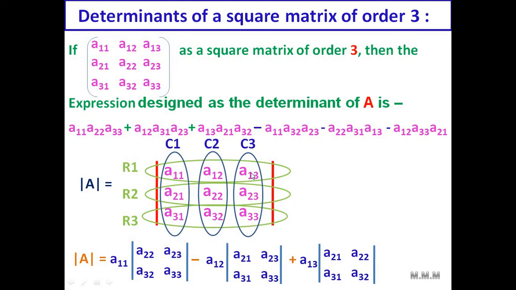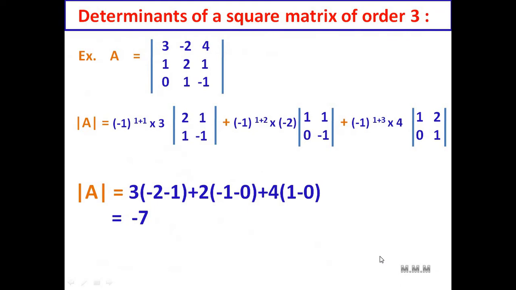Plus a13, then the first row and third column will be left, the remaining a21, a22, a31 and a32 will be written here. In this way, the determinant of a square matrix of order 3 can be found.